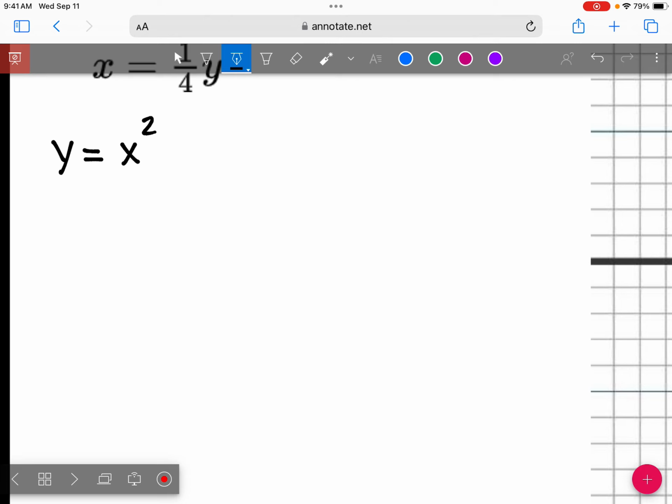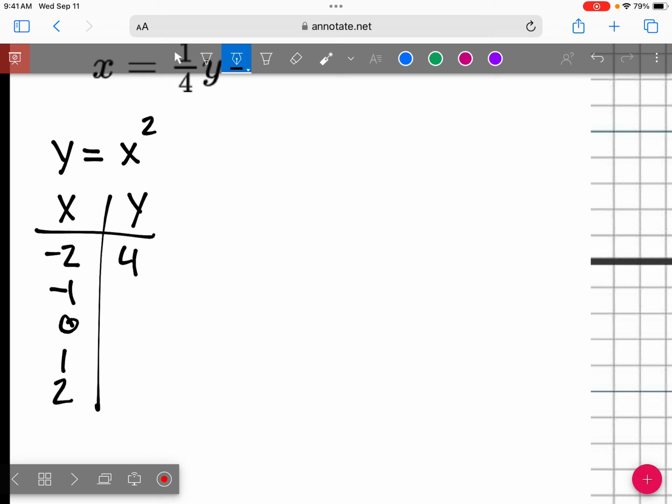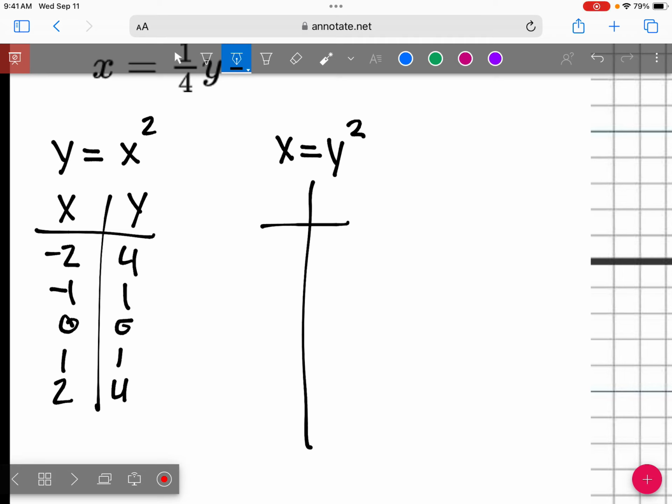So if I take my parent table for y equals x squared, where we had our -2, -1, 0, 1, and 2, with our 4, 1, 0, 1, 4, same parent table we just used, and then I get x equals y squared, which is almost identical except my x's and y's change places.